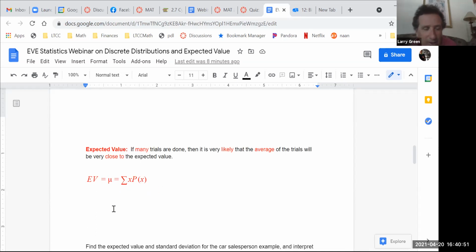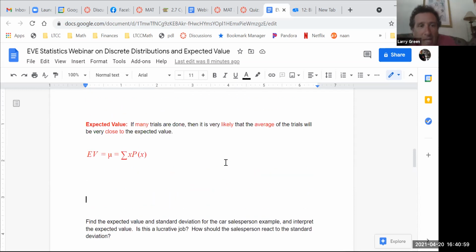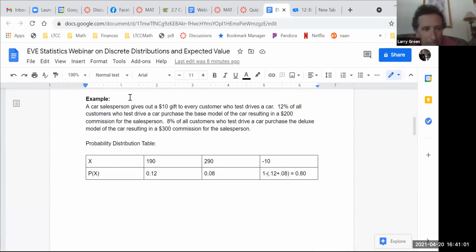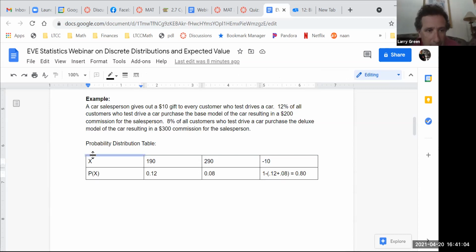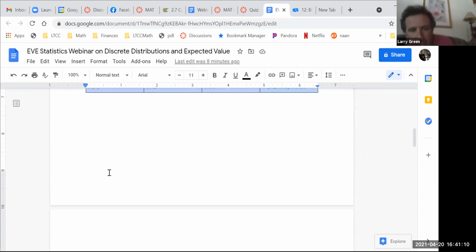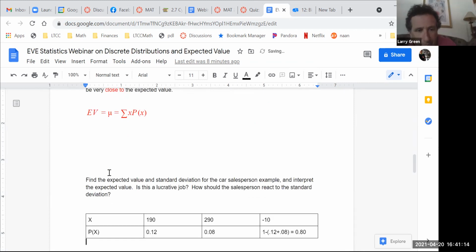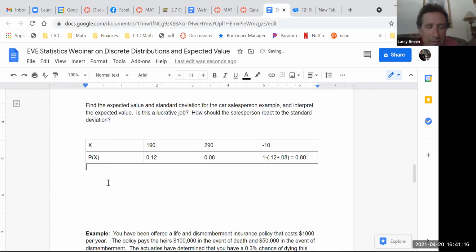Okay, so now let's go back to the question, from what we just did with the car salesperson example, and I think I'm going to copy and paste that table, because we'll need it.